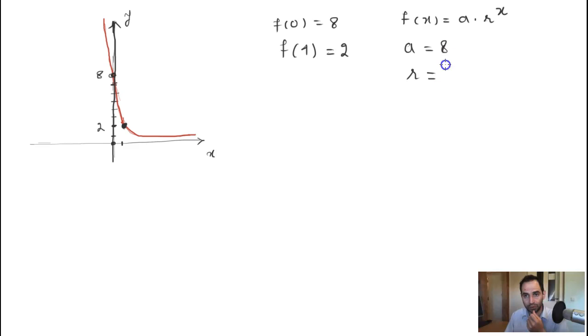So your r is equal to 2 divided by 8, which is equal to 1/4. So based on these, you can write f of x is equal to a, which is 8, times 1/4 raised to the power x.